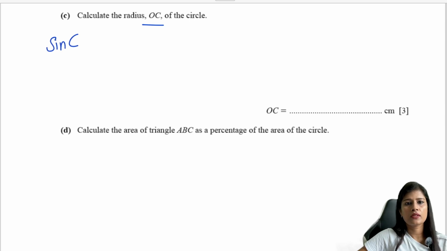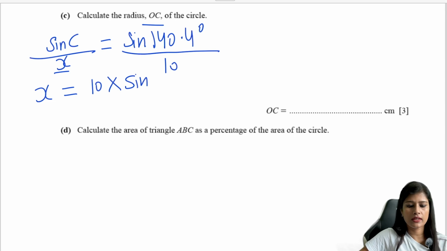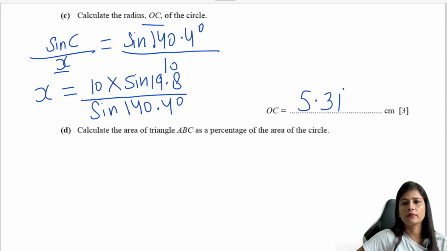Sine C divided by x equals sine 140.4 divided by 10. So I need to find this x, OC. So x will be 10 times sine 19.8 divided by sine 140.4 degree, and after you simplify this value you will get OC as 5.31.